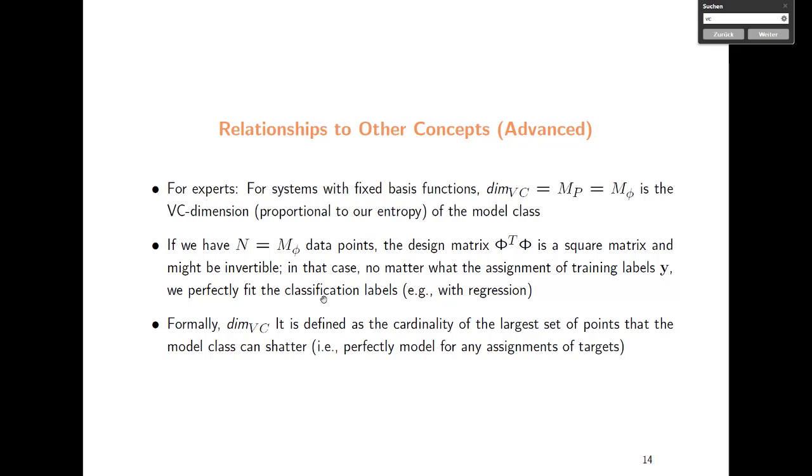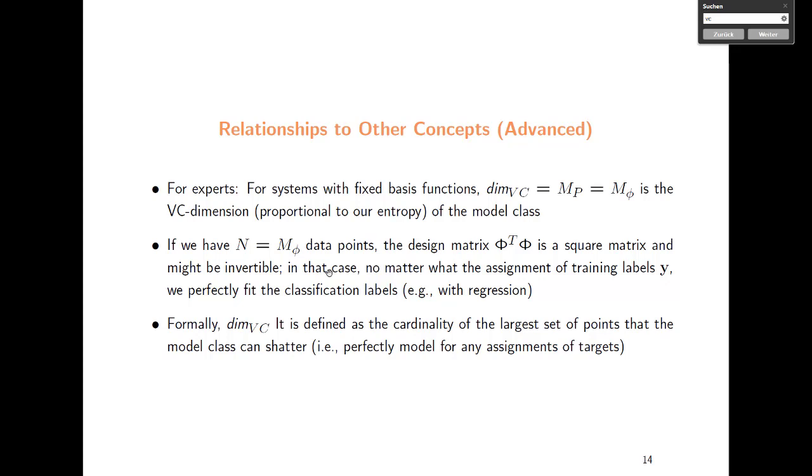This term has a little bit abstract definition. It is the cardinality of the largest set of points that can be shattered by the model. So where any assignment of targets can be perfectly fit, and as we just discussed, in this case it's obviously the number of training data points.